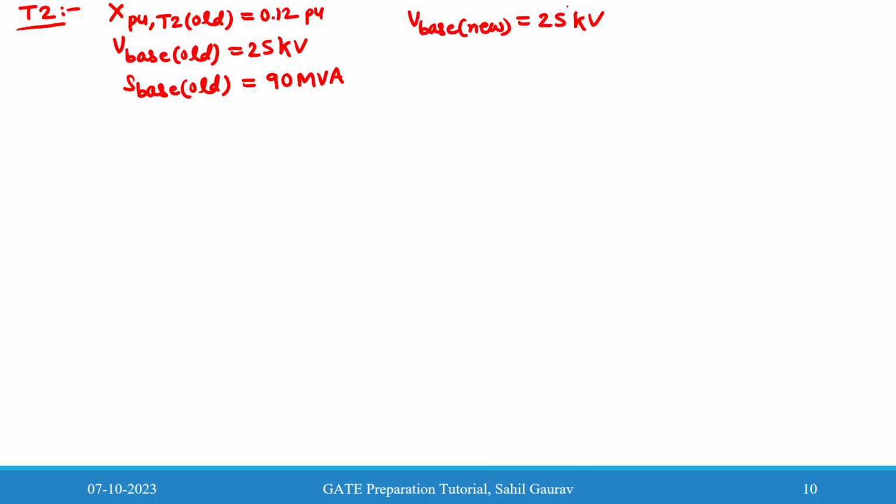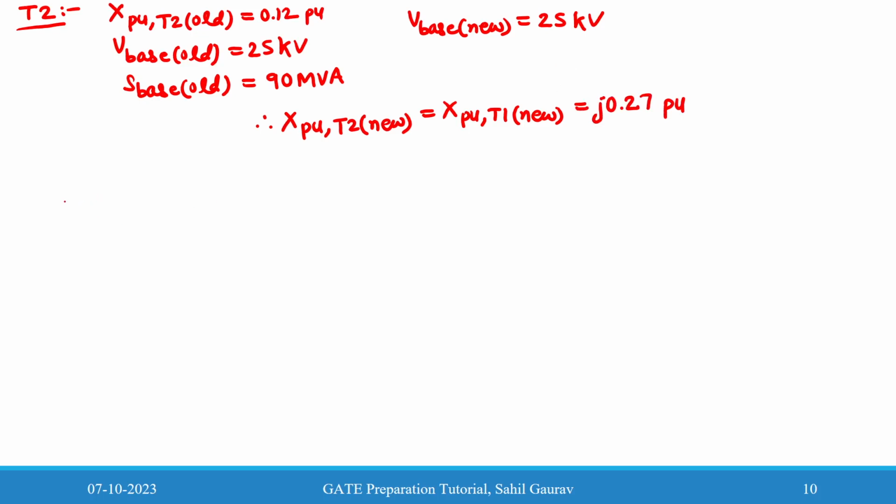So it is similar to transformer 1, right? So you can directly use similar values as for transformer 1. Therefore X per unit T2 new will be the same as X per unit T1 new, that is j0.27 per unit.